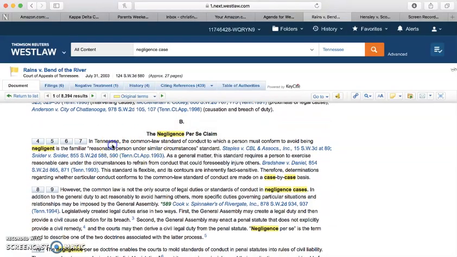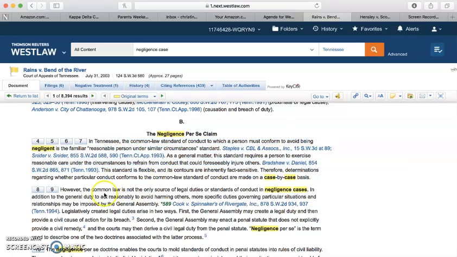So it says here, in Tennessee, the common law standard of conduct to which a person must conform to avoid being negligent is the familiar reasonable person under similar circumstances standard. As a general matter, this standard requires a person to exercise reasonable care under the circumstances to refrain from conduct that could foreseeably injure others.